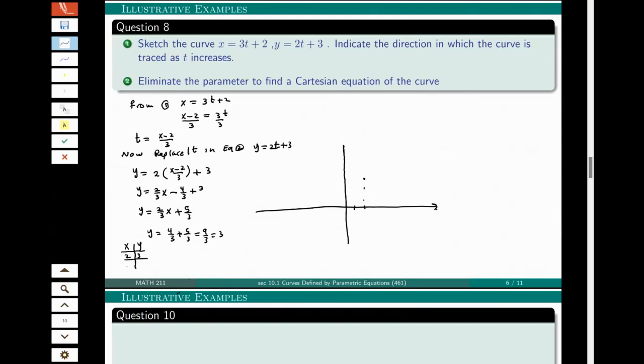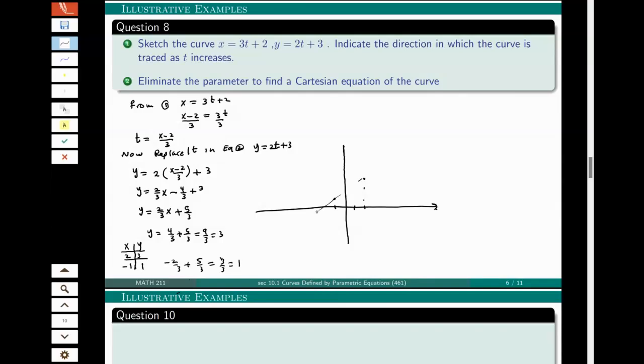I selected 2 and I'll get 3. Now let's select minus 2. If I select minus 2, that will be minus 4 over 3 plus 5 over 3. That will be 1/3. Okay, if I select just simply minus 1 is easier. If x equal to minus 1, I'll get minus 2/3 plus 5/3, which is 3 over 3, which is equal to 1. So x equal to minus 1, it will be 1.